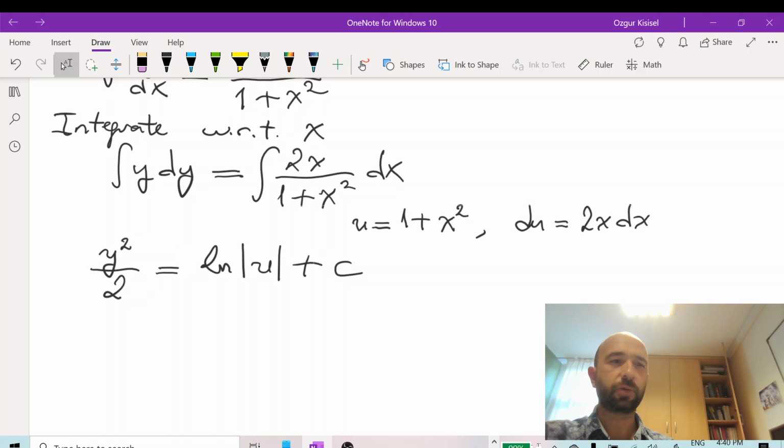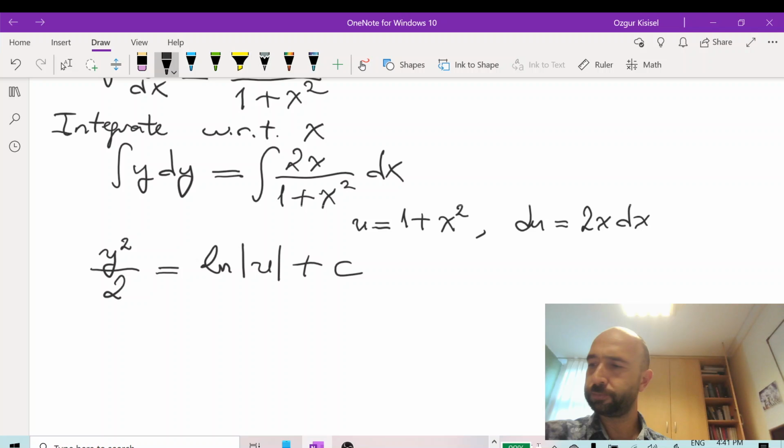I can hear you asking why I put a constant on the second integral but not on the first integral. That's fine, because if two functions are equal, their antiderivatives differ by a constant. Maybe a more pedantic way of doing this would be to put a plus c1 on the first integral, then a plus c2 on the second integral, and subtract, and c2 minus c1 is the c shown, but that's not necessary.